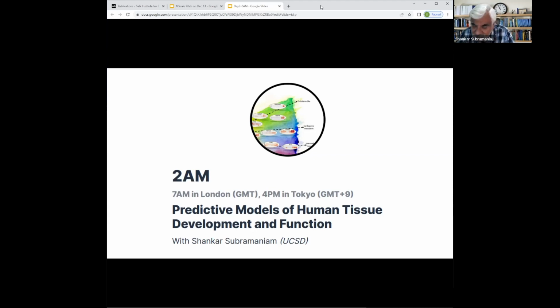Why do we need this? We need this because of 3 or 4 reasons. The first reason is we want to look at development and developmental disorders in human physiology, and we want to look at how the development is altered in the process due to various defects, either genetic or other environmental defects.